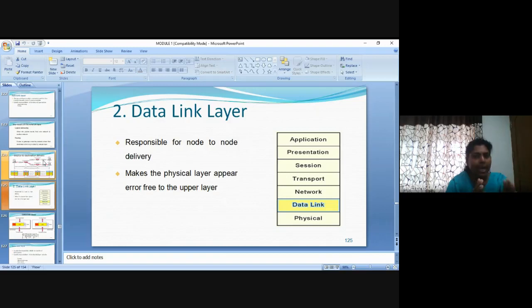It contains the IP address of the sender and the receiver. The data link layer will add a physical address along with the data. Physical address means the link address or the node address, or you can call it the MAC address. I told different names: physical address, link address, node address, or MAC address.